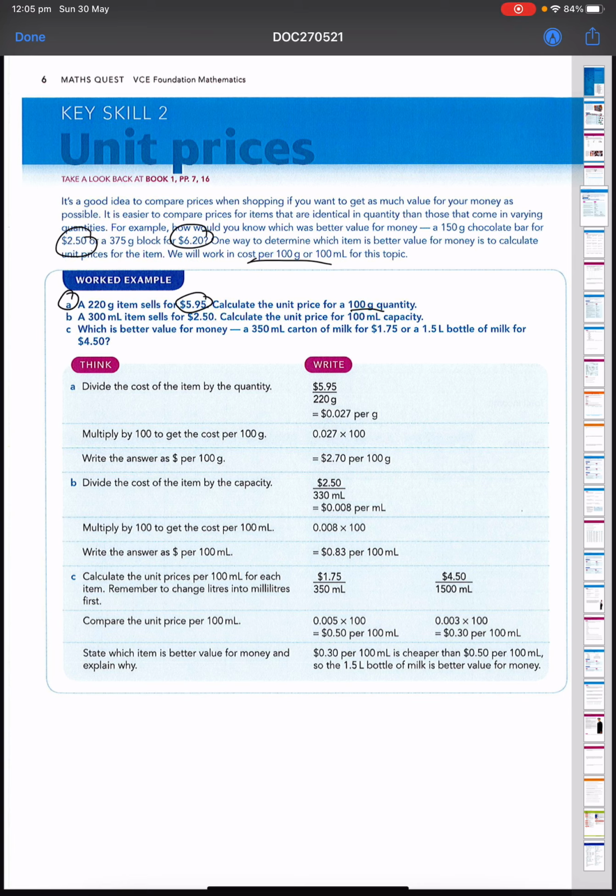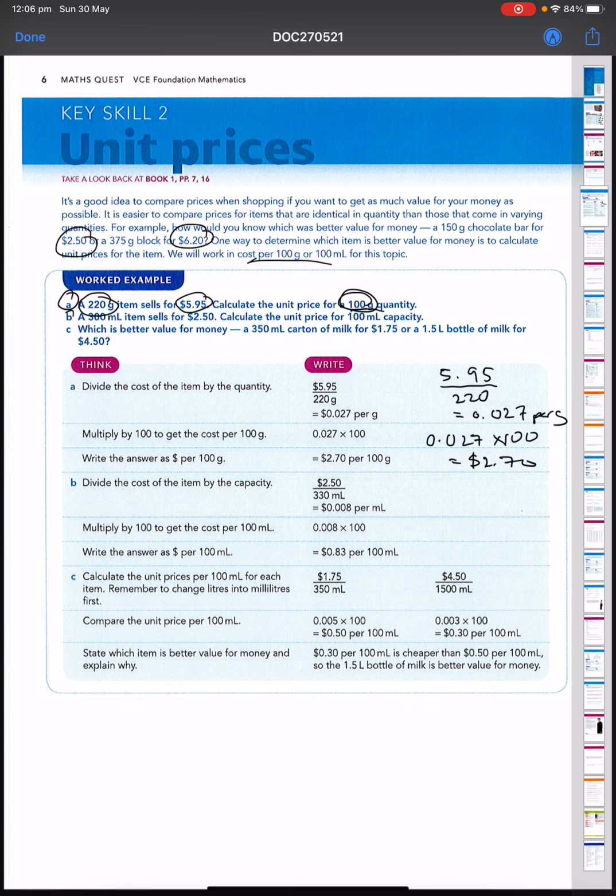We take that amount of money, $5.95, divided by the quantity, 220, which is $0.027 per gram. Because we're trying to find it for 100 grams, we take that 0.027 and times it by 100, which equals $2.70. So for 100 grams, that is $2.70.